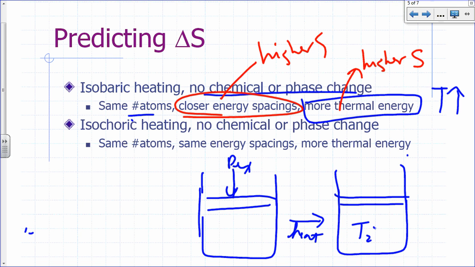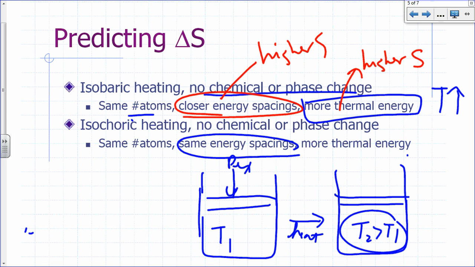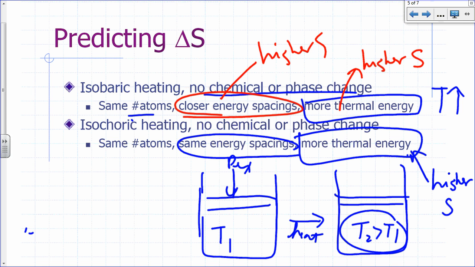Originally at temperature T1, you raise the temperature to T2, which is higher than T1. The volume remains the same, so your box remains the same. If your box remains the same, then the energy spacing remains the same. So temperature increases, so more thermal energy. Again, this more thermal energy is what leads to higher entropy.